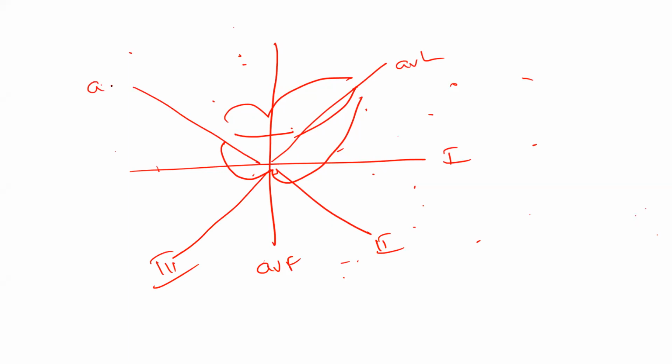So this is AVL, 1, 2, AVF, 3. Now tell me how it looks in AVL. Positive, because the axis of travel is like this.